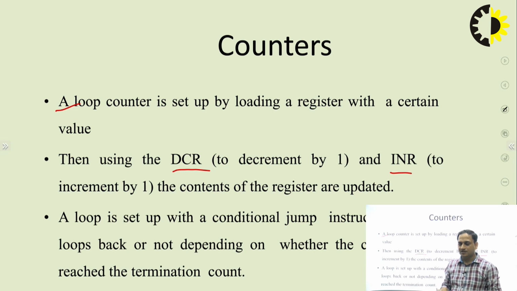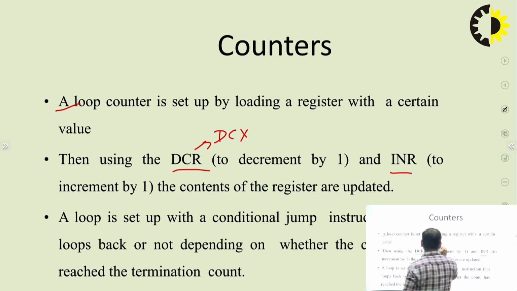This is the case when we talk about a single register. When we have a pair of registers, we use the instruction DCX in place of DCR.